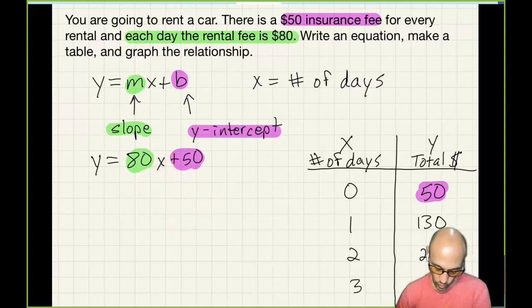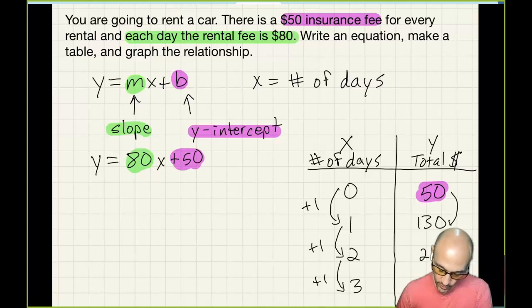And what I hope that you see is that as our x value is increasing by 1, in each of these, our y value is increasing by 80. And that is our slope.